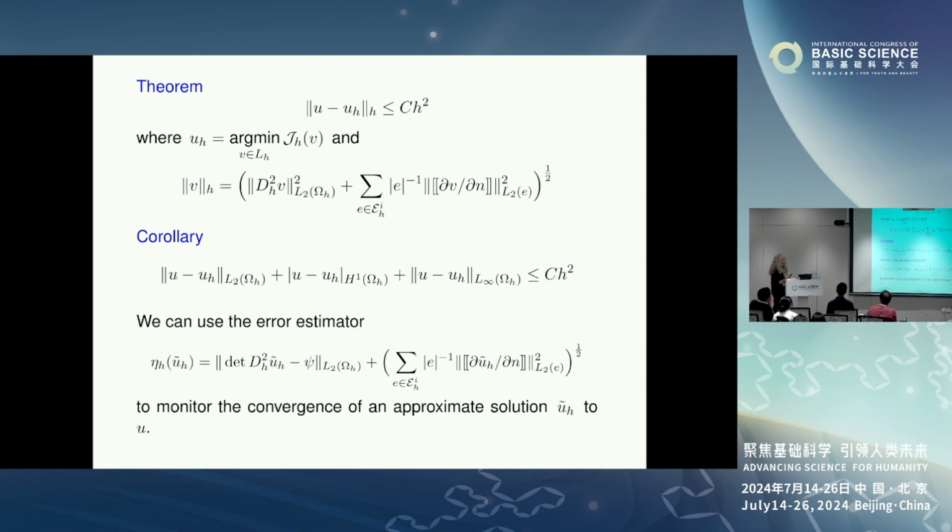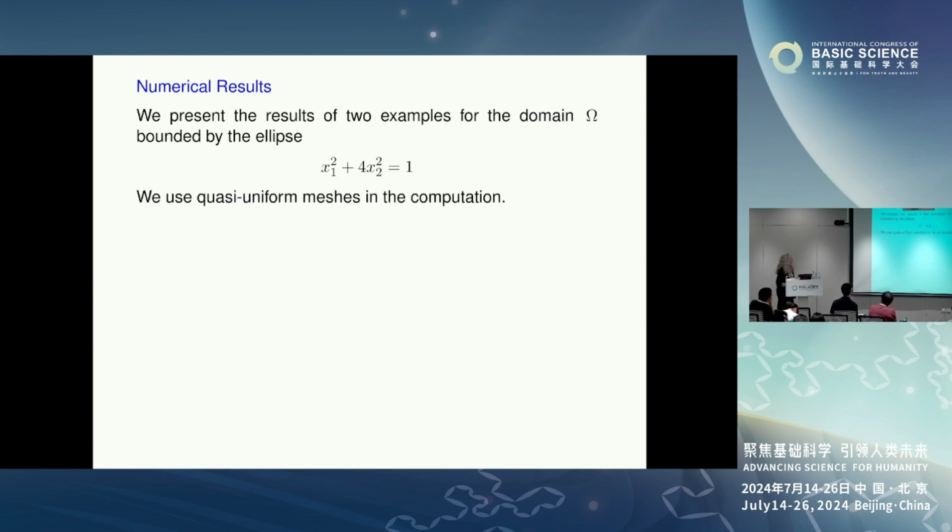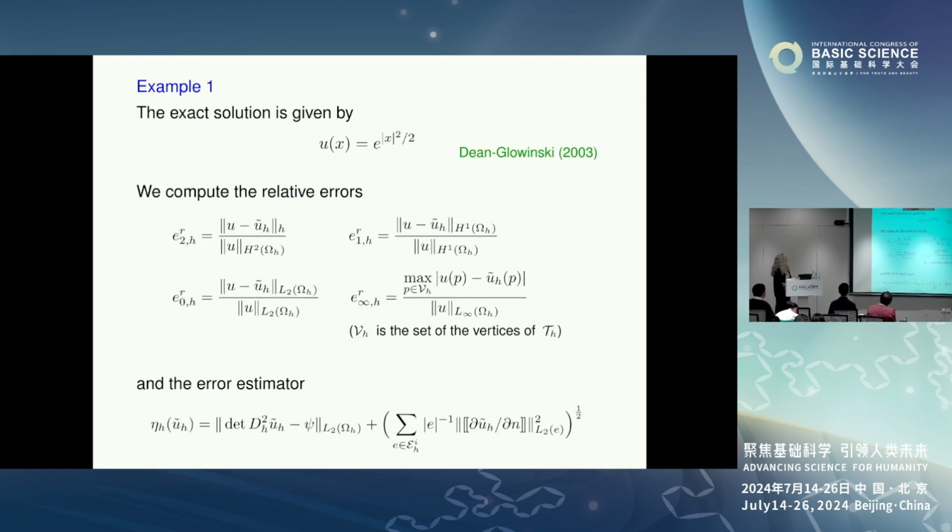So we can use the error estimator, A to H, to monitor the convergence of the approximate solution. So now let me show you the numerical results for two examples on an elliptical domain. In the first example, we have a smooth exact solution. And we compute the relative errors and the error estimator for an approximate solution UH tilde.